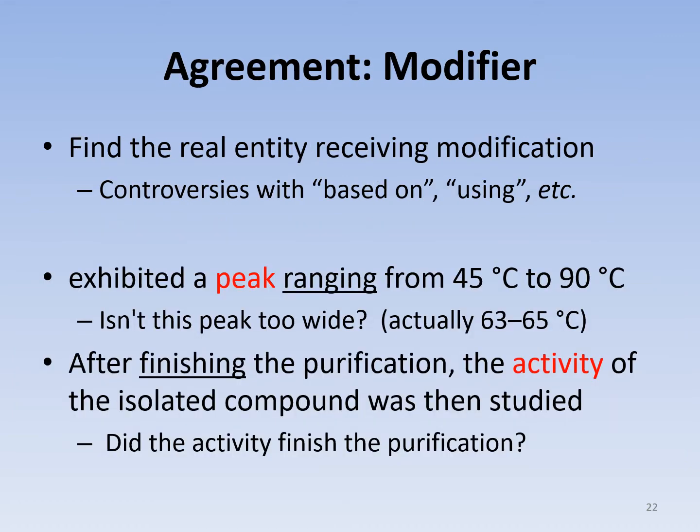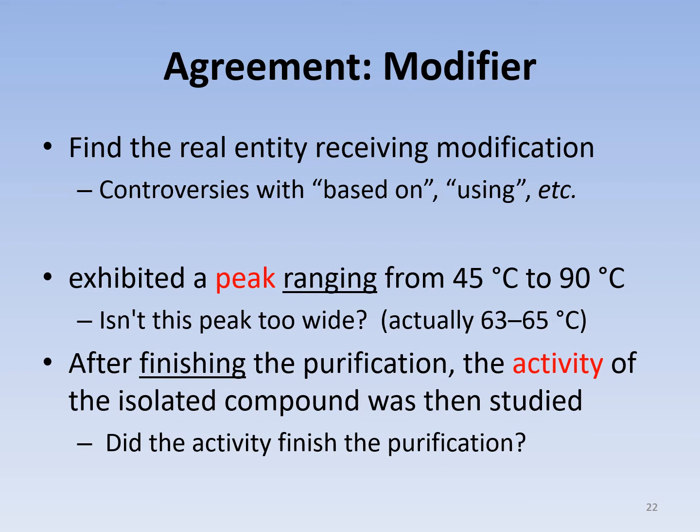And now I'm going to also talk about modifiers. There are also quite a number of problems with modifiers, and it still comes down to the key concept of agreement. Basically, if we look at the examples here, if you say there's a peak ranging from 45 to 90, we are basically not going to have a peak this wide, right?